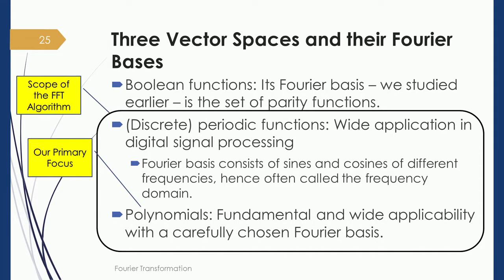So, a quick rundown of the various vector spaces that we will be considering. Well, we considered Boolean functions, we considered discrete periodic functions and polynomials. Recall that our exposition of the fast Fourier transform algorithm, that is one way to transform a vector from its standard basis to the appropriate Fourier basis, will actually be explained in the context of polynomials.